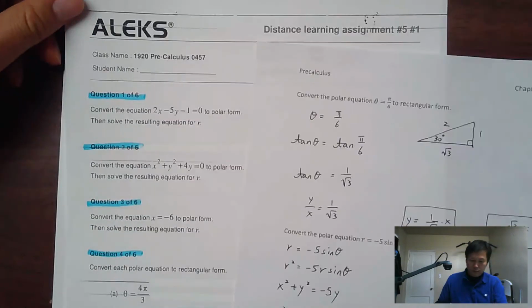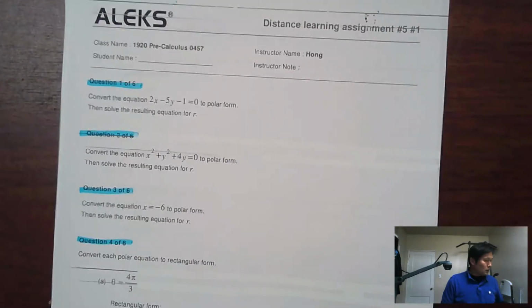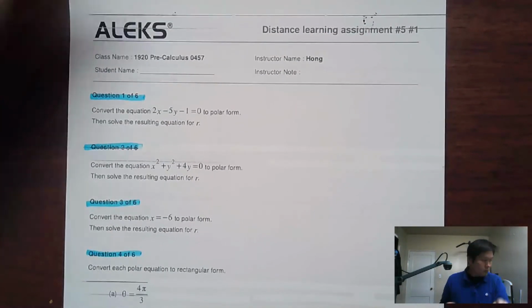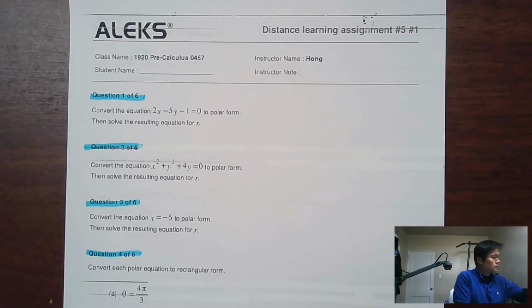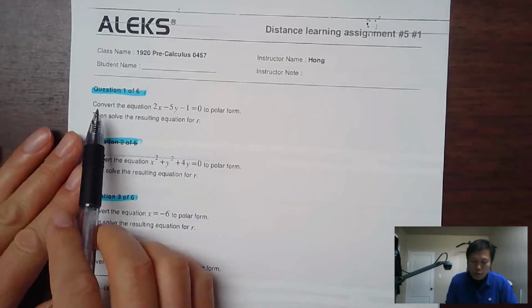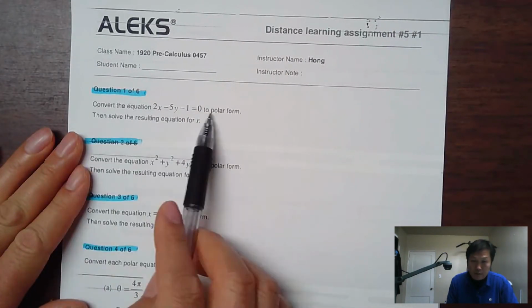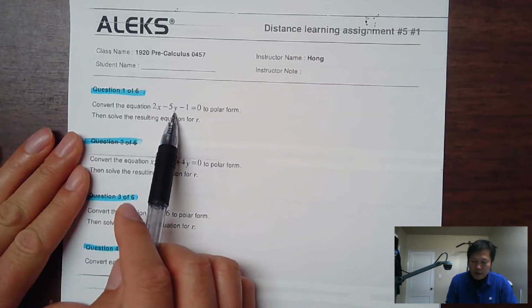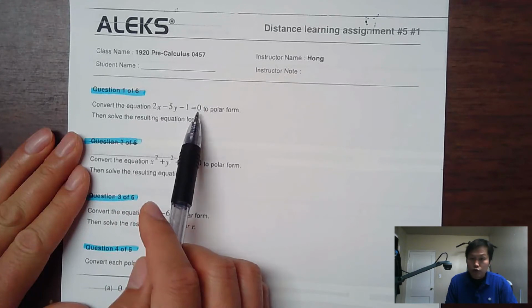Before we go on, there are more styles you need to practice from the direction of rectangular to polar. You will encounter this kind of question on your homework. Convert the equation 2x minus 5y minus 1 equals 0 to polar.